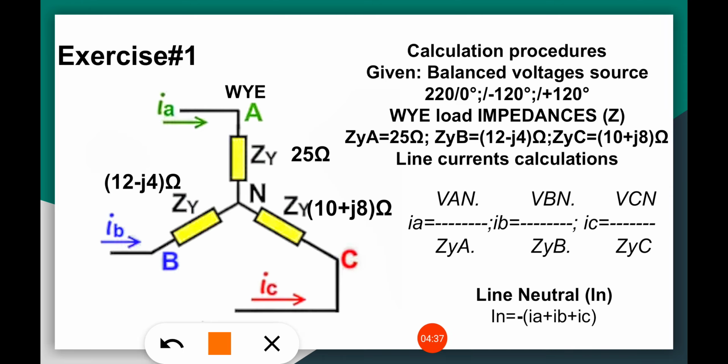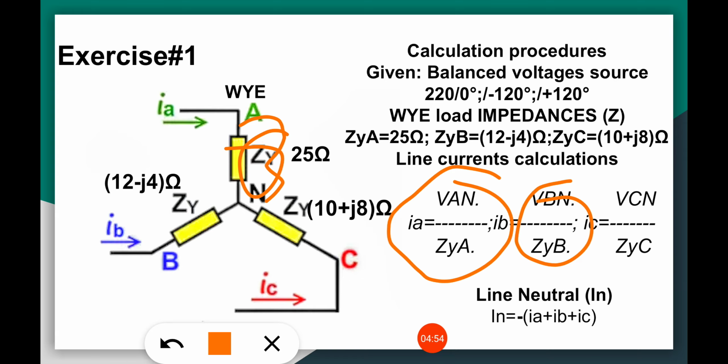This is the formula: IA is VAN divided by ZYA, the impedance of that Y phase, and the same thing with IB, VBN divided by ZYB, and ICN. For the neutral line, the formula is I neutral equals negative of IA plus IB plus IC.